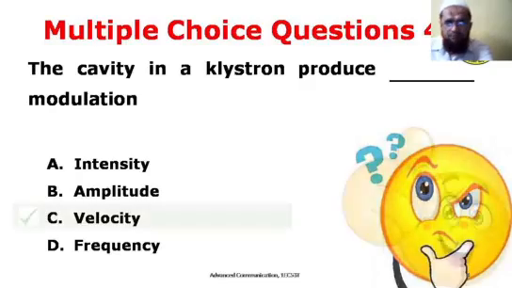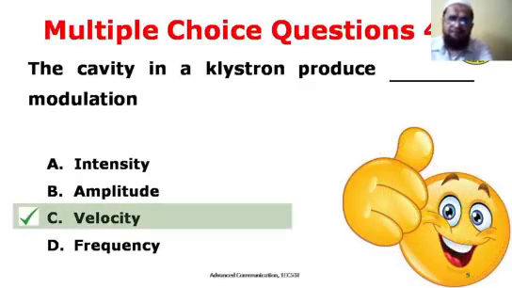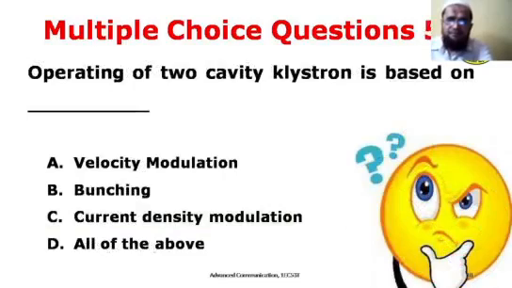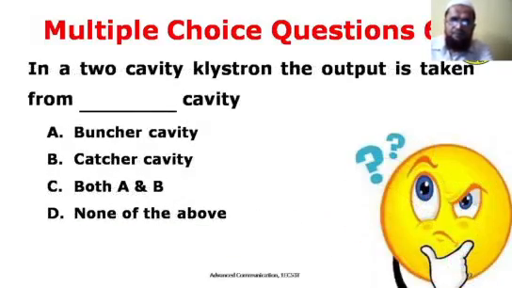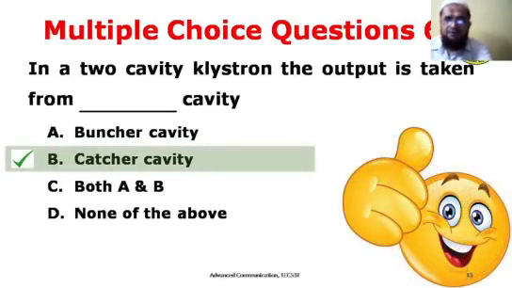Velocity modulation. Right. Operation of a two cavity klystron is based on all of the above. Right. In a two cavity klystron, the output is taken from the catcher cavity.